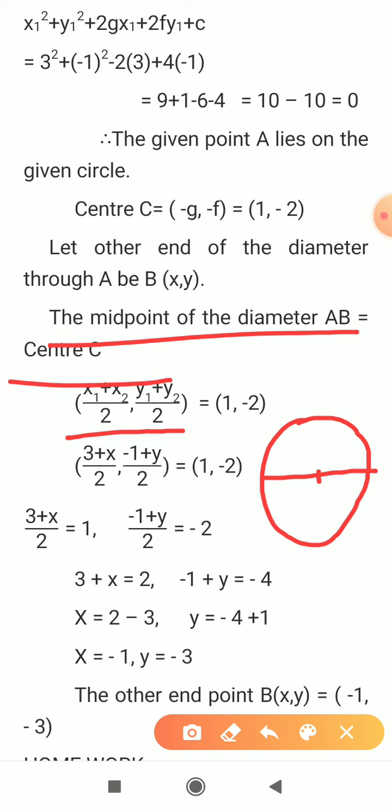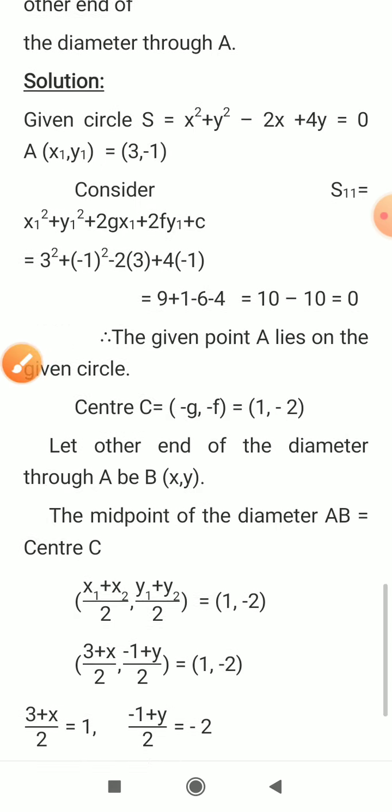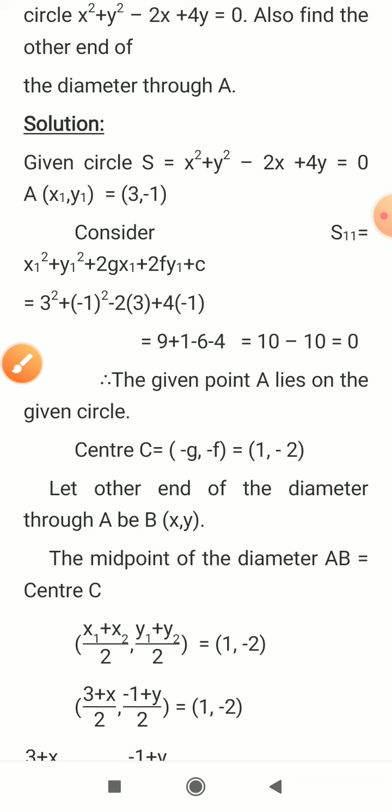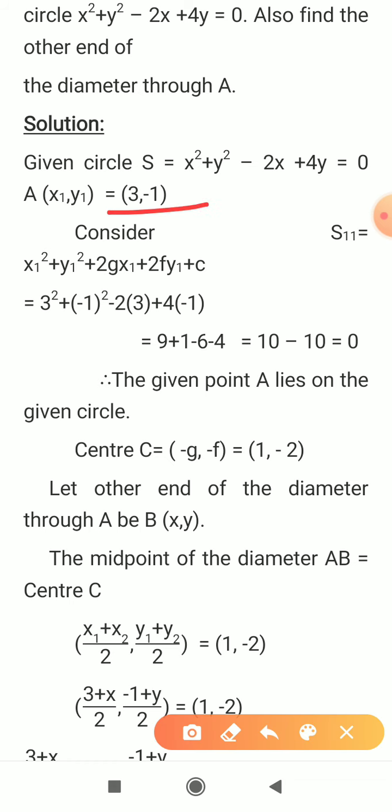Here (x1, y1) is our point A. Already A is given, A is equal to (3, -1). We let point B be (x, y). So the midpoint is ((3 plus x) by 2, (-1 plus y) by 2), equal to the center (1, -2).